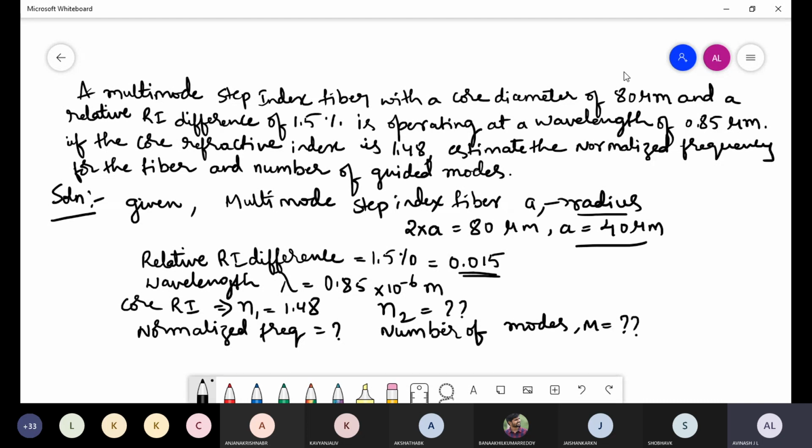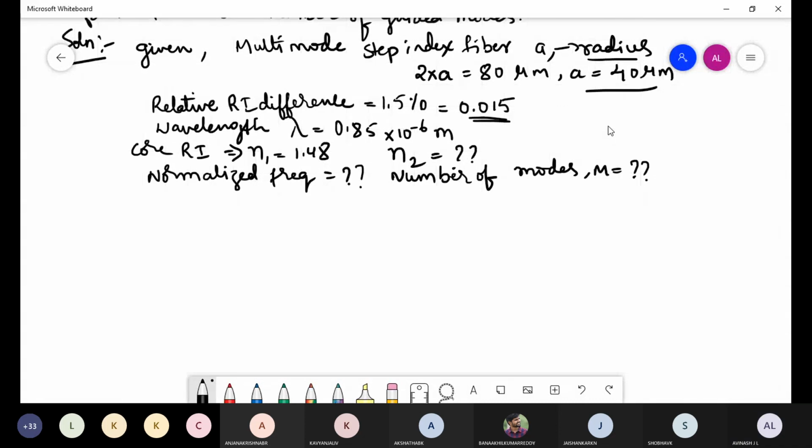So this is the question they have given you. Now we will see the solution from the given terms.